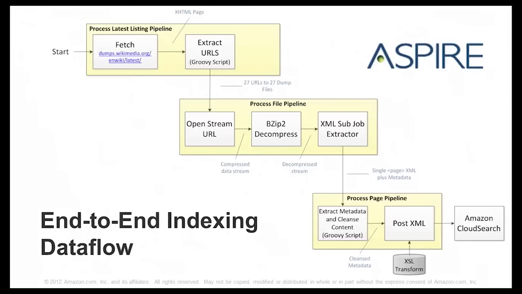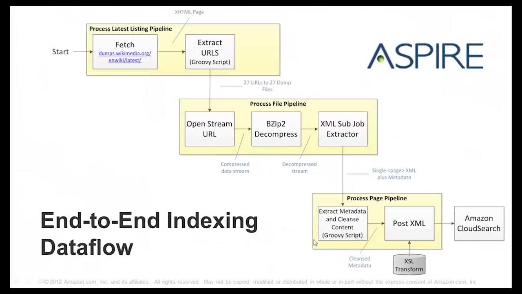So this is an end-to-end view of the data acquisition, data processing, and indexing data flow. We start by fetching that dump file. We extract the URLs that we want to index. We then open a stream on every URL. We bzip2 decompress that stream. It's a streaming decompressor, so that's very cool. We then do an XML subjob extractor that underneath uses SAX to extract the individual pages.